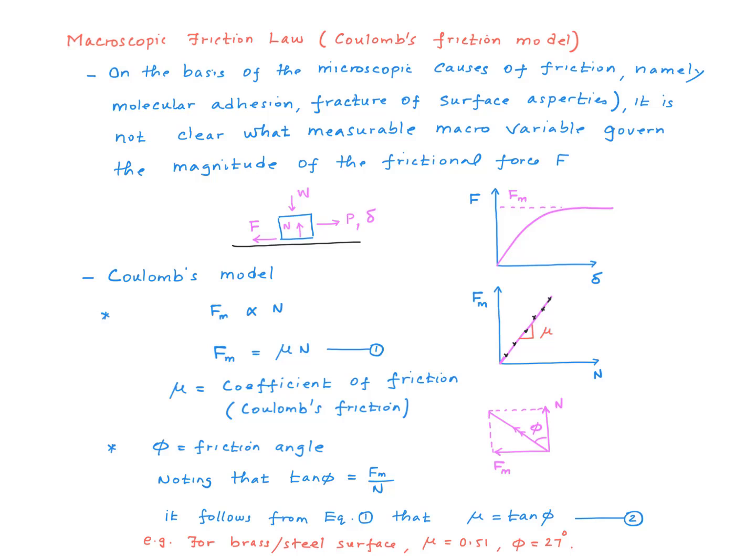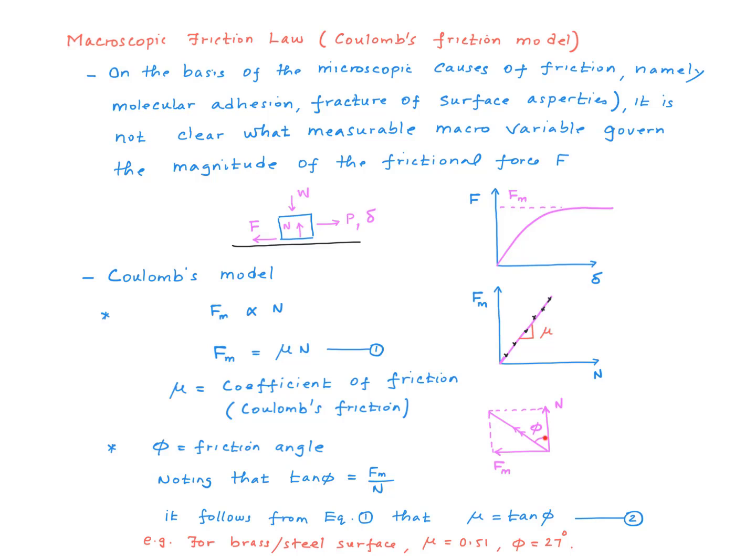So at the point of sliding, if you come back and look at the forces acting at the bottom of the block, we have N going vertically up, right? And Fm, the maximum value of F, acting horizontally in that direction, right? Supposing, say, I complete this parallelogram and define the resultant between the two forces. This will be the resultant between the two forces.